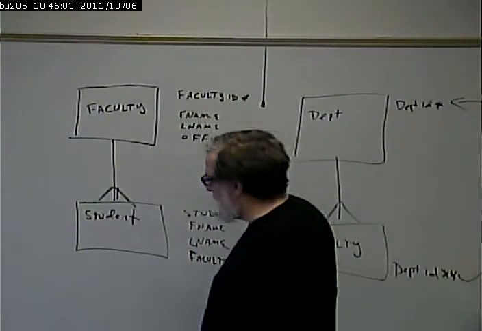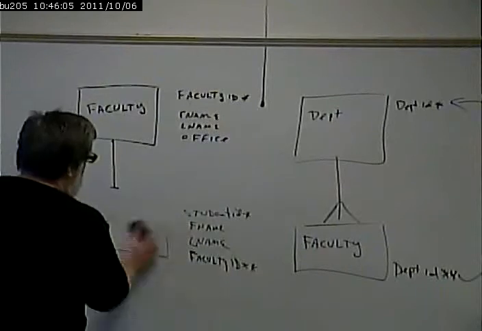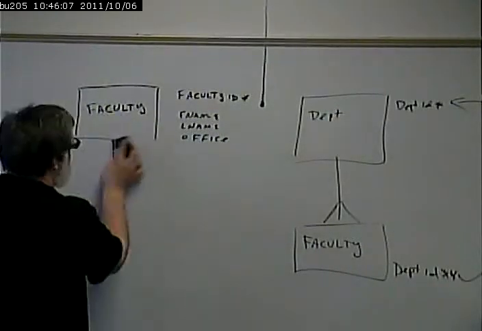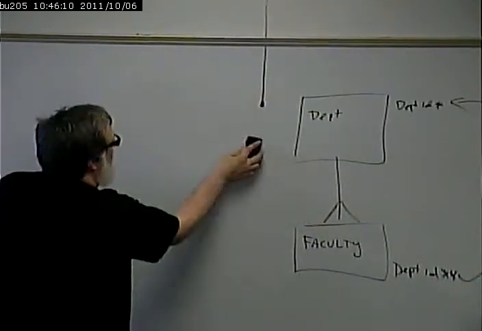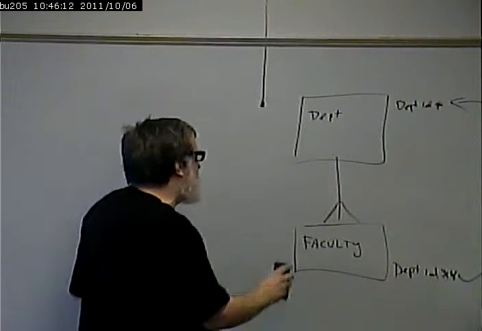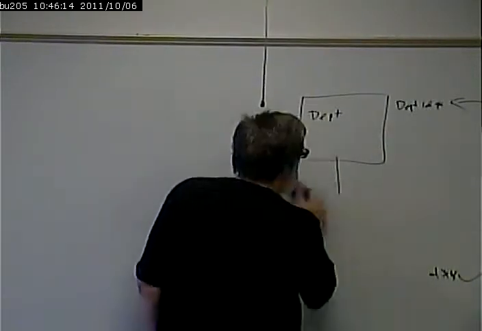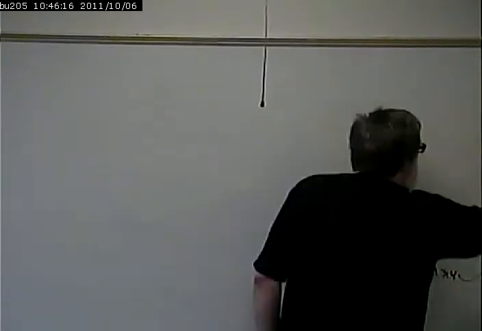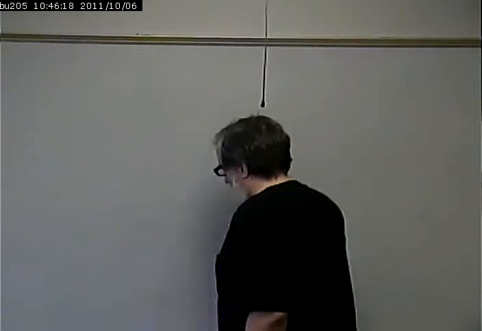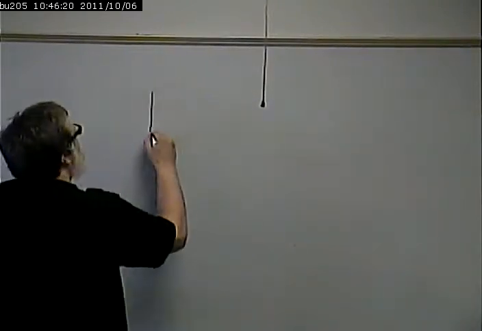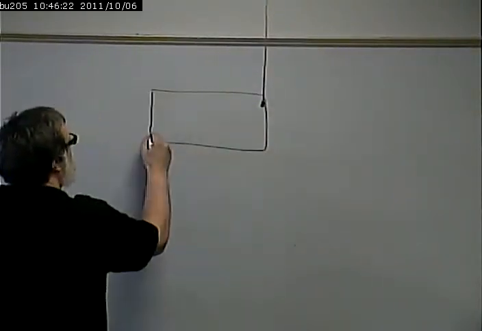Another kind of relationship that you might have is a many-to-many relationship. Now, the key to identifying this correctly is making sure you look at it from both directions.